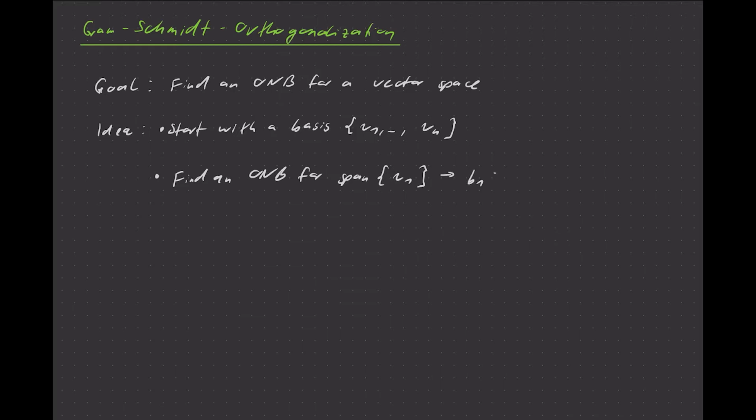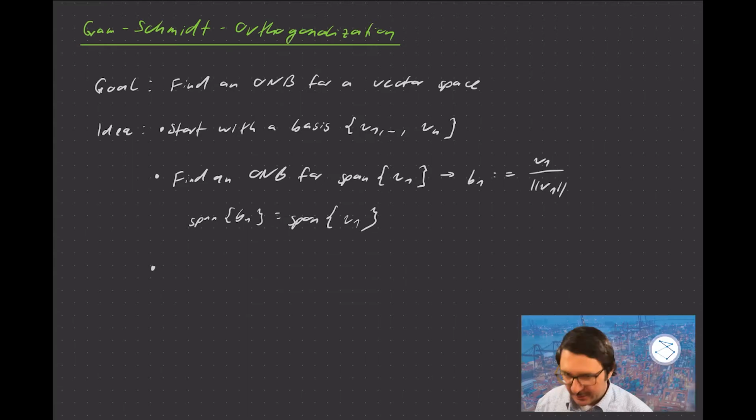So we set B1 to V1 over the norm of V1. We just normalize, and there we have our basis vector. And then the span of our basis vector B1 is of course the same as that of V1. We just rescale that vector. Now we have an orthonormal basis for a part of that vector space that we're looking at.